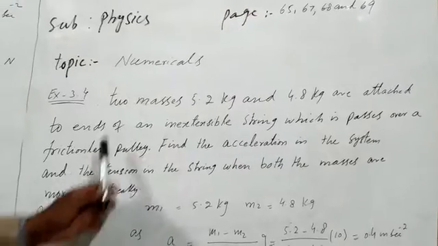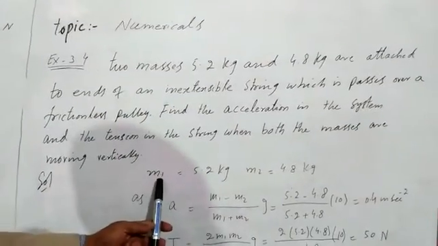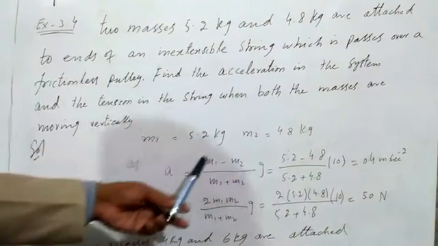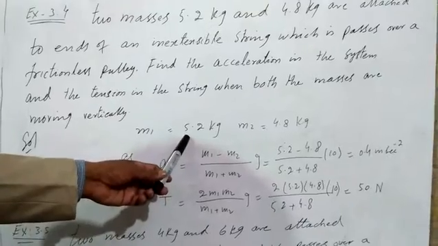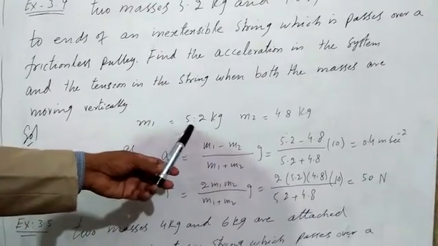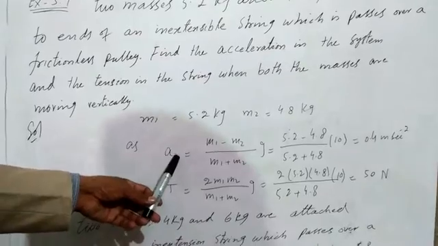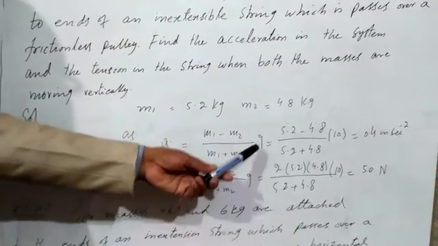Because both bodies are moving vertically, the data is M1 is 5.2 kg and M2 is 4.8 kg. As 5.2 is greater, we take M1 as 5.2. The formula for acceleration: a is equal to (M1 minus M2) by (M1 plus M2) into g.